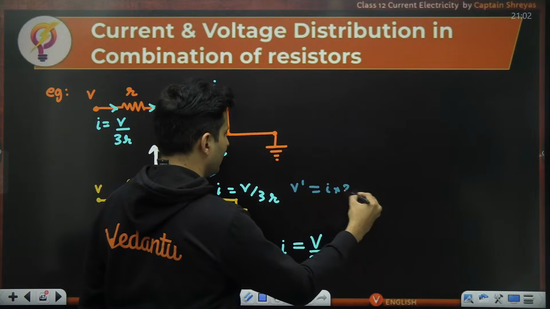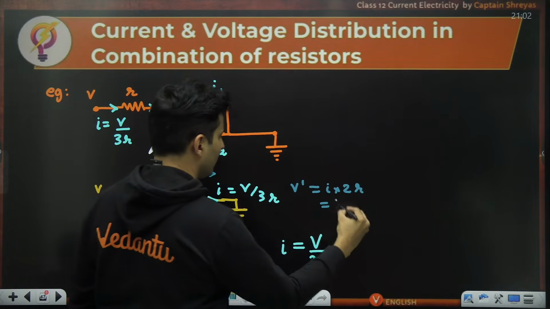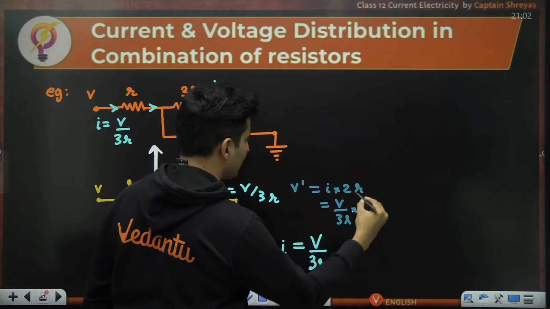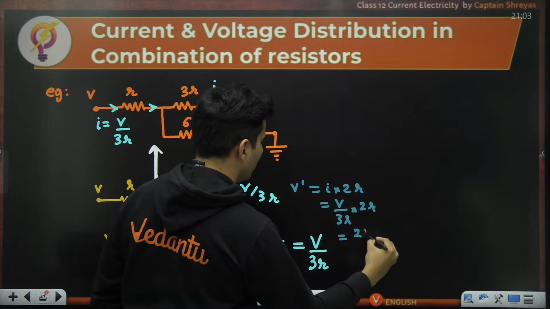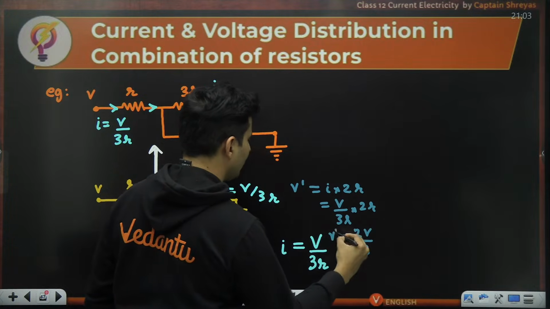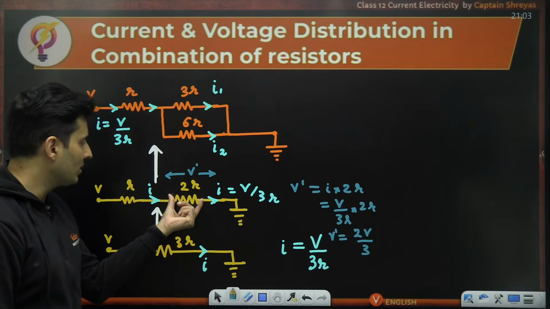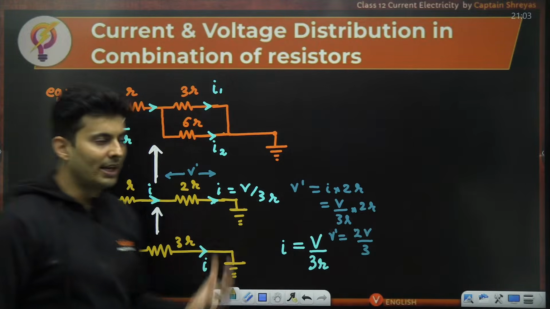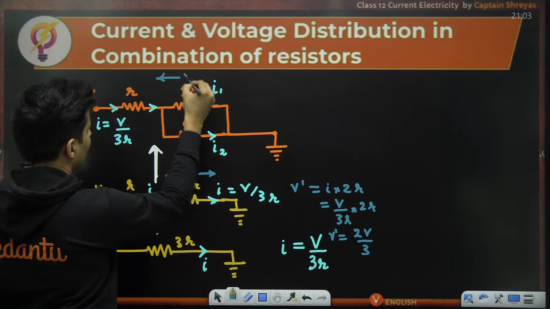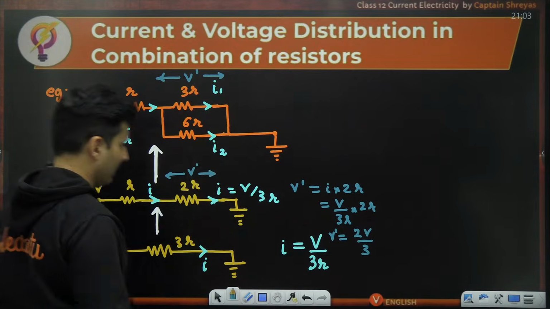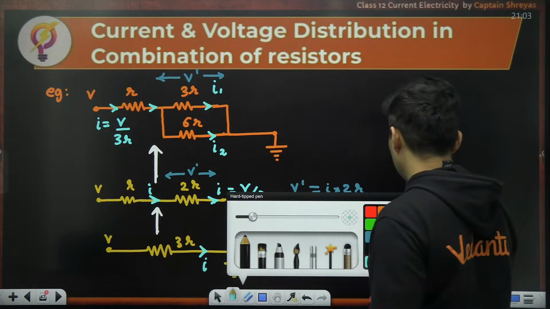Current was V by 3R, resistance is 2R, the Rs cancel, and you get 2 times V by 3 as V dash. The voltage across this is 2V by 3. The same voltage V dash will also be there over here. That's the logic for this.